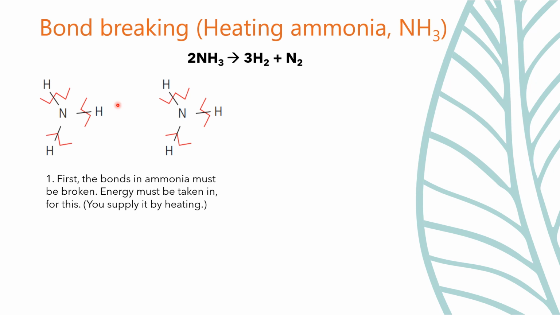First, the bond in ammonia must be broken, so energy must be taken in. For this, heating tu kita yang supply lah, sama ada kita panaskan dia. You can see here that this is how we break the bond between nitrogen and hydrogen. Okay, yang warna merah ni.